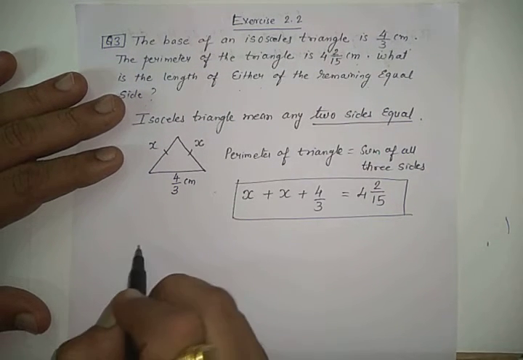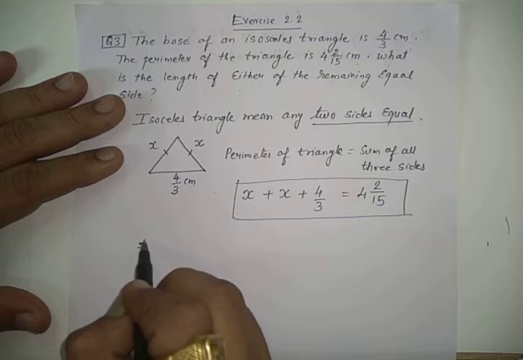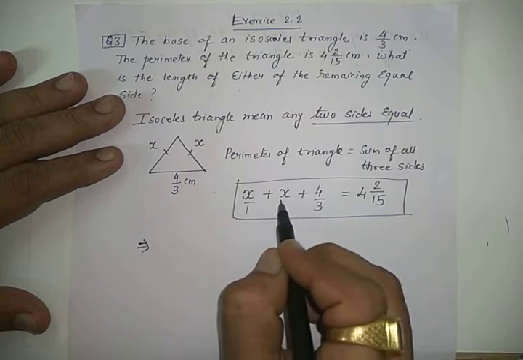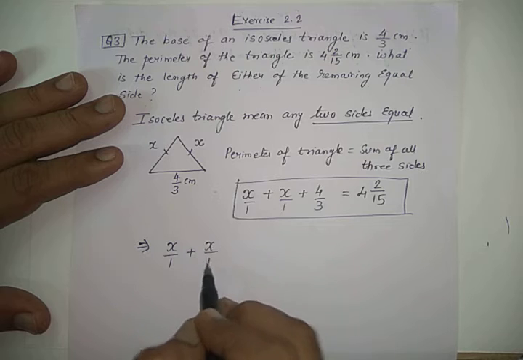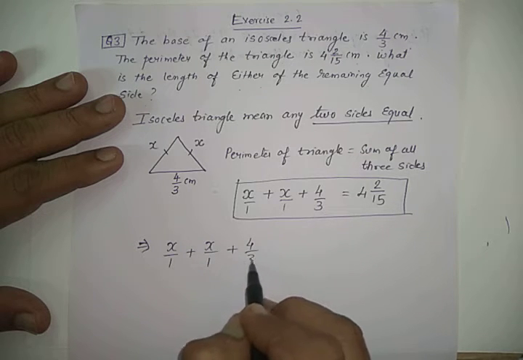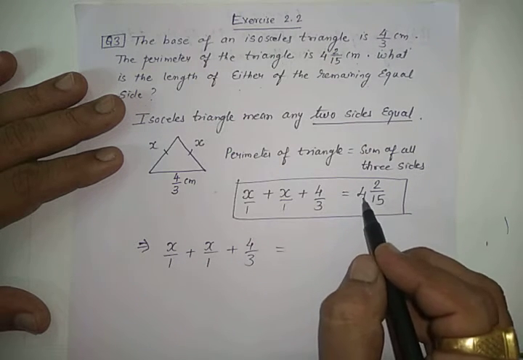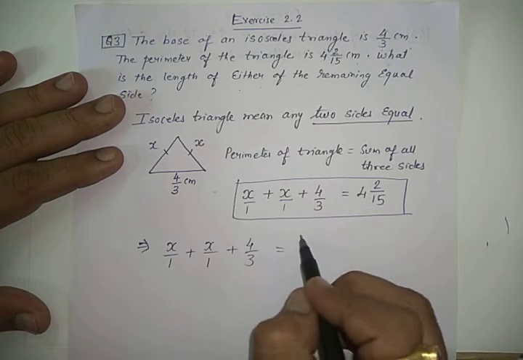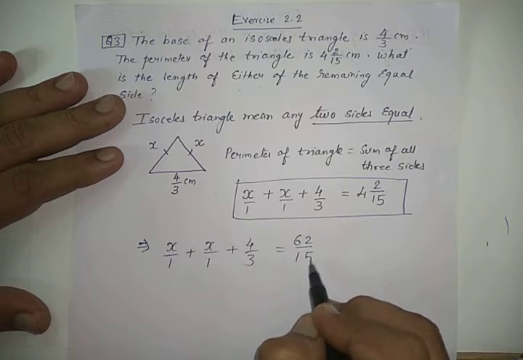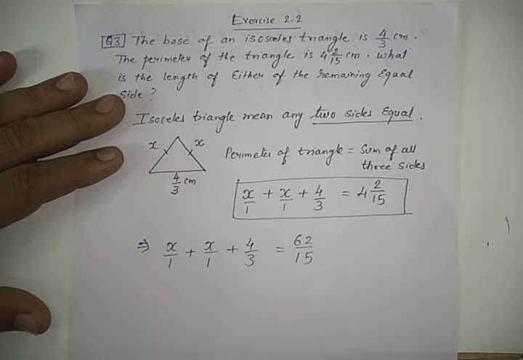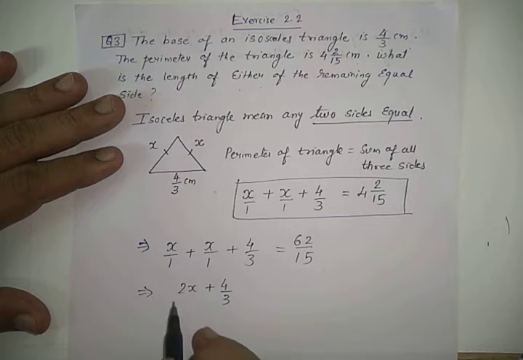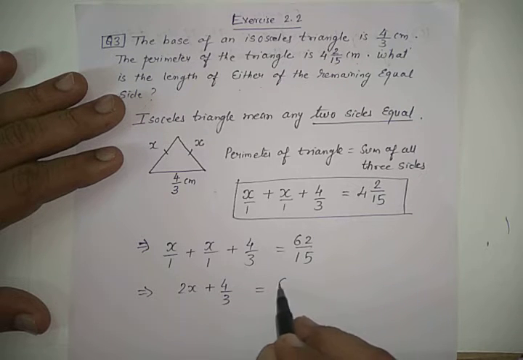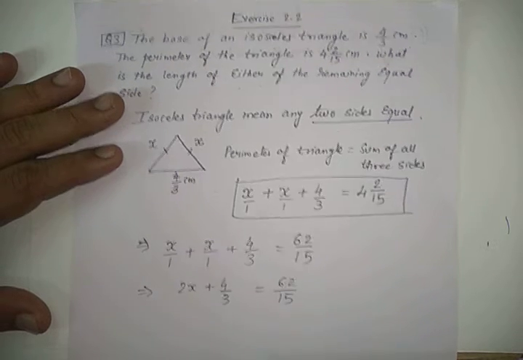So first, there is no denominator over here. So x upon 1 plus x upon 1 plus 4 by 3 is equal to 62 by 15. I have made it an improper fraction. 1x, 1x, so it will be 2x plus 4 by 3 is equal to 62 by 15.